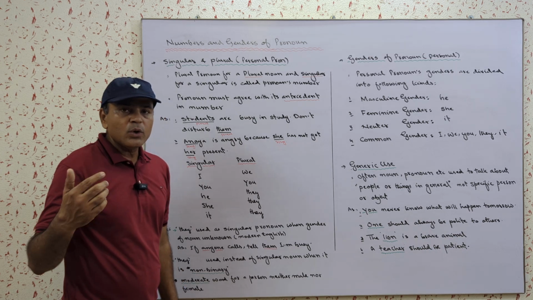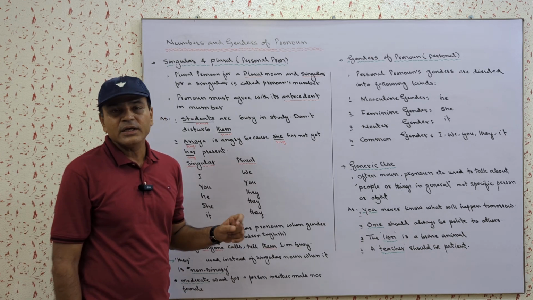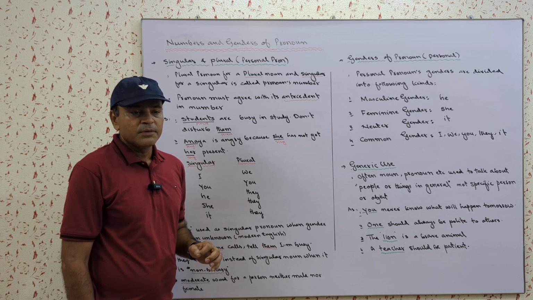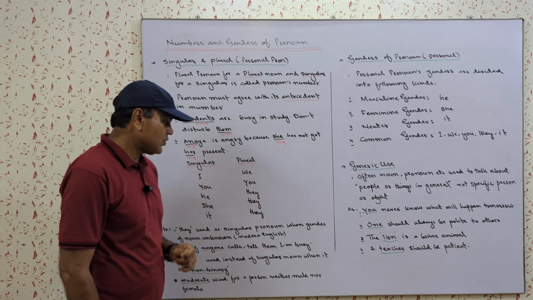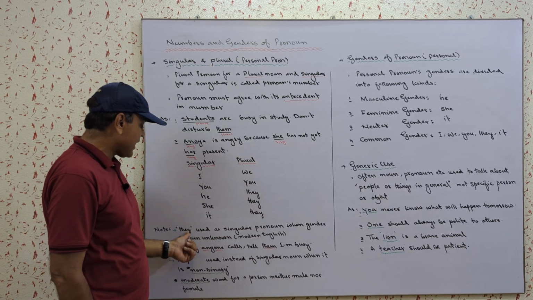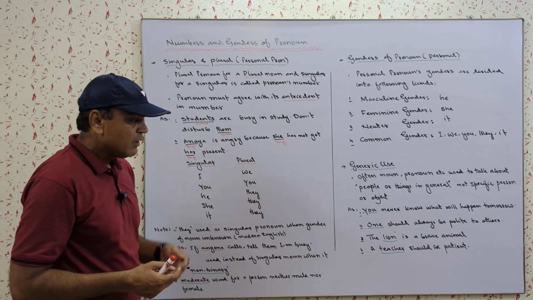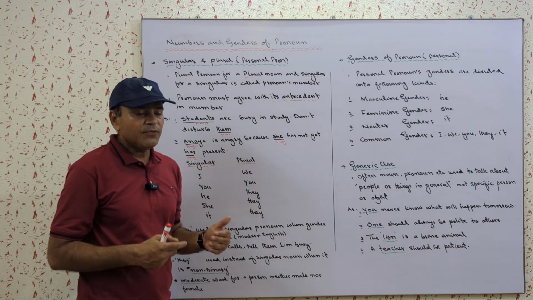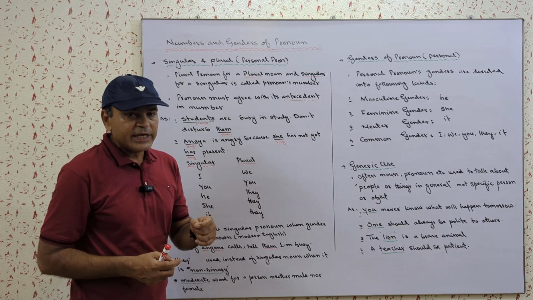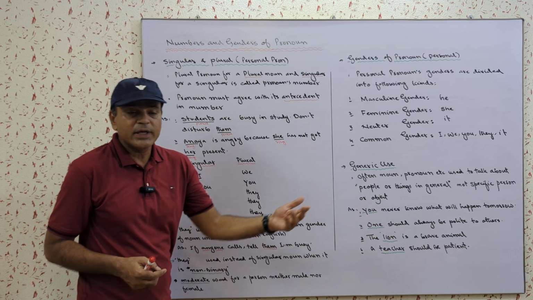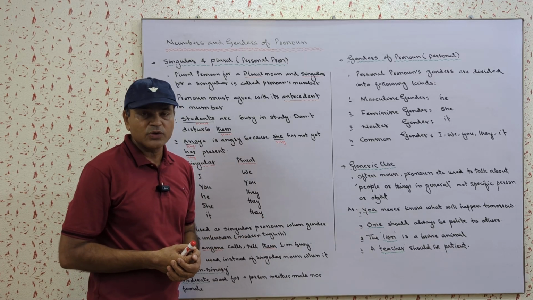In the past, in old English, usually he was used, but in modern English people prefer to use they when the gender of the noun is not known. For example, if I say, if anyone comes, tell him I am busy, that is actually the past expression.